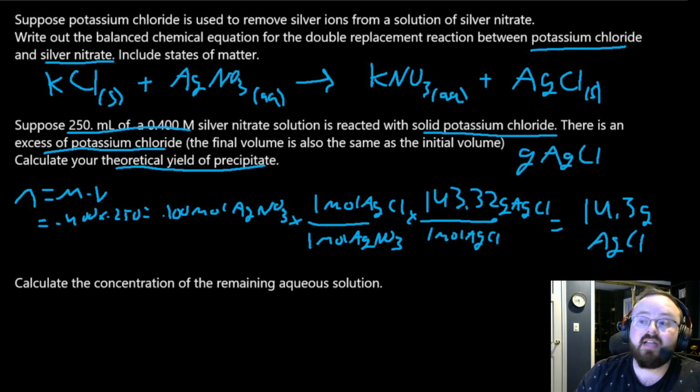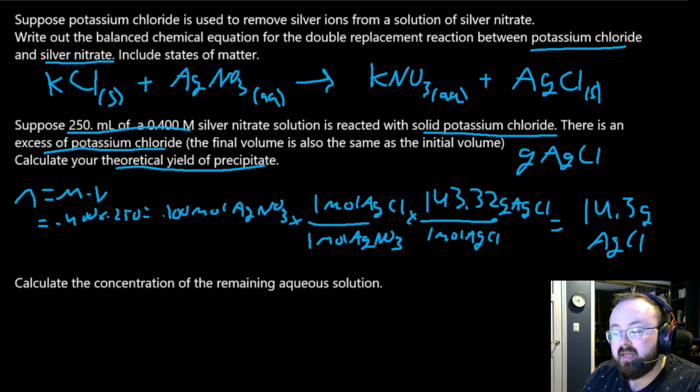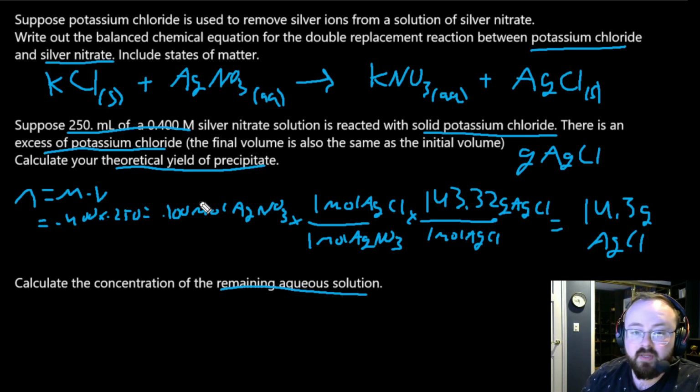Okay? Last question of our marathon video here is to calculate the concentration of the remaining aqueous solution. What does that mean? When we're talking about the remaining aqueous solution, we already know that silver nitrate is our limiting reactant.